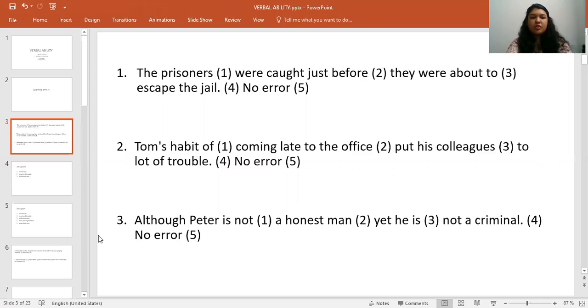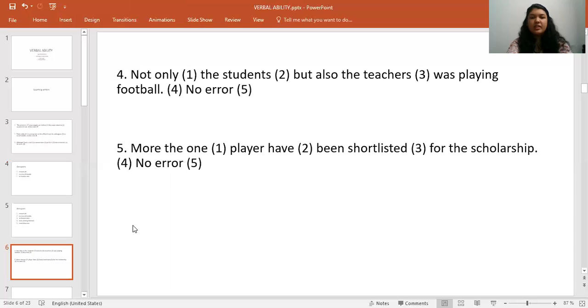Now let's move on to the next sentence. The fourth sentence is, not only the students but also the teachers was playing football. In this case, you should always note that when a sentence starts with not only, the sentence should follow with but also, as it is given in here.